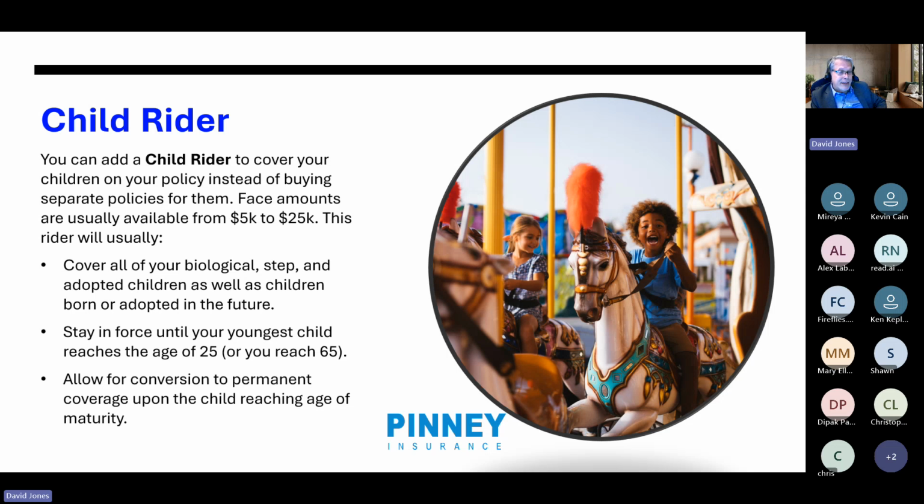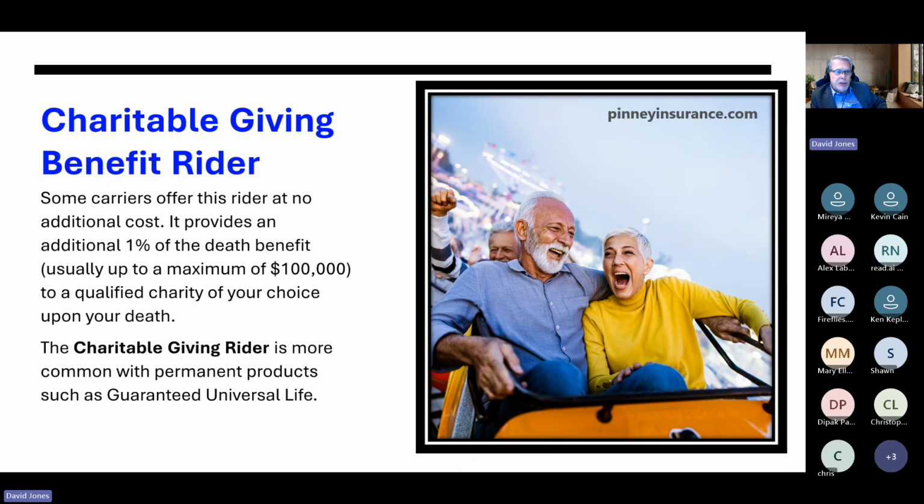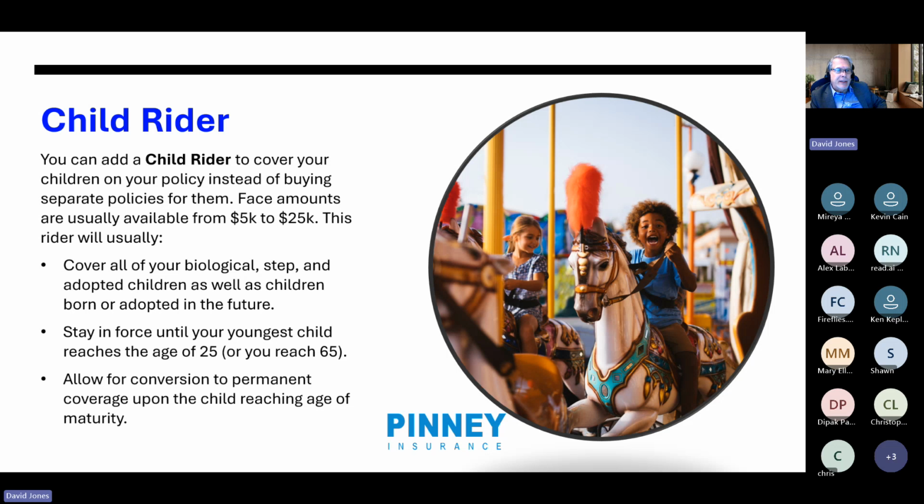I think you can actually get down to about 1,000 on some carriers, but 5,000 to 25,000 is typical. This rider will usually cover all of your biological, stepchildren and adopted children and future kids. So if you have one kid and then 2 years later you have another, great, they're automatically added to the coverage.